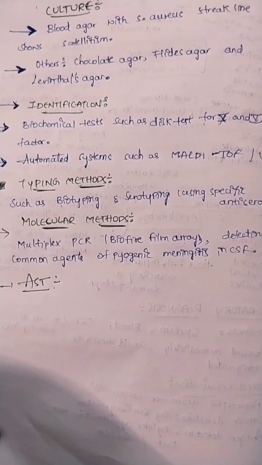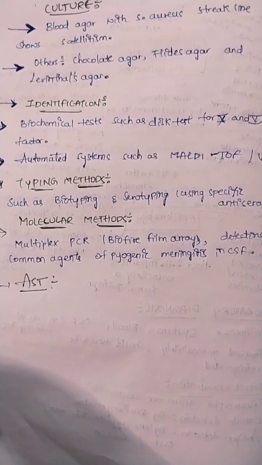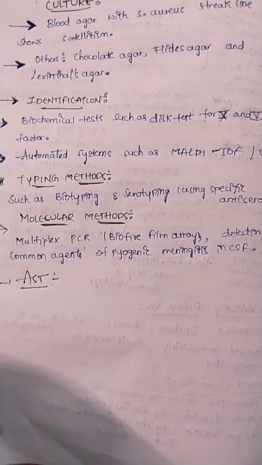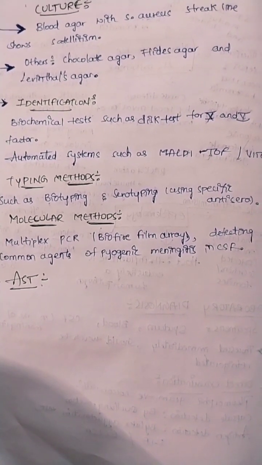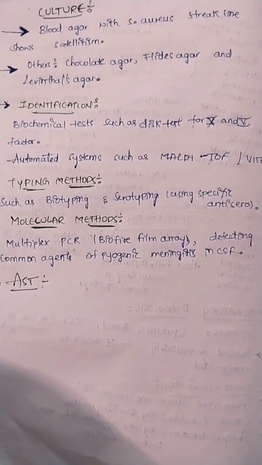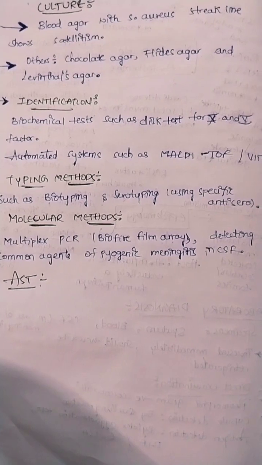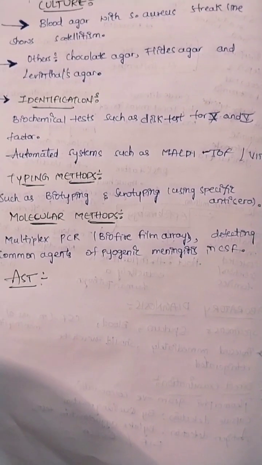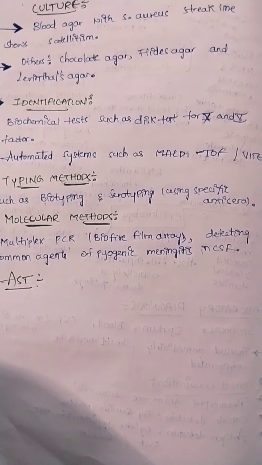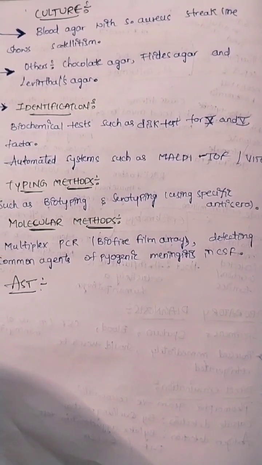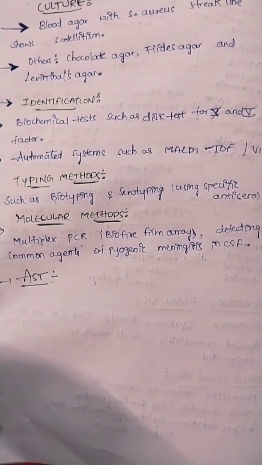Satellitism means Hemophilus influenzae grows perpendicular to the Staphylococcus aureus, because Staphylococcus aureus produces NAD. Near the Staphylococcus aureus colonies there is big growth of Hemophilus influenzae, and farther away, because of the low availability of NAD, there is less growth. Okay, I will show the pictures also now.